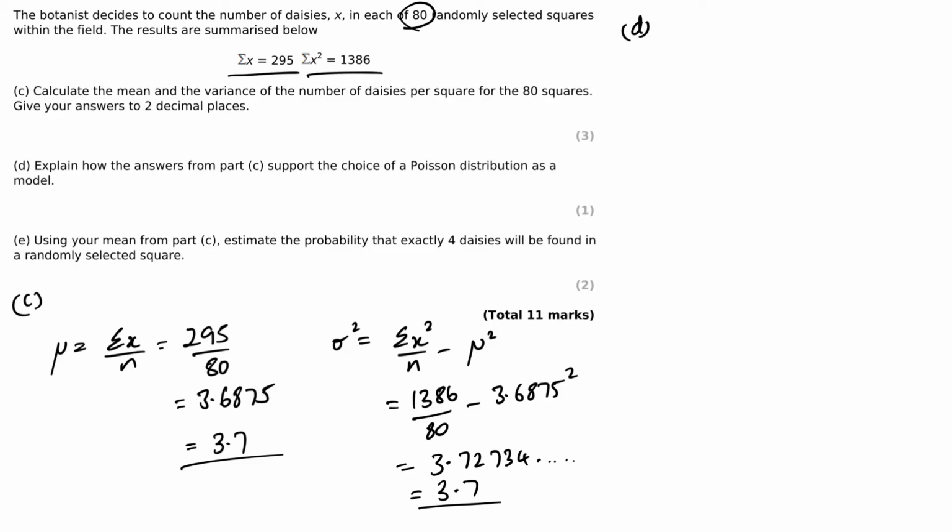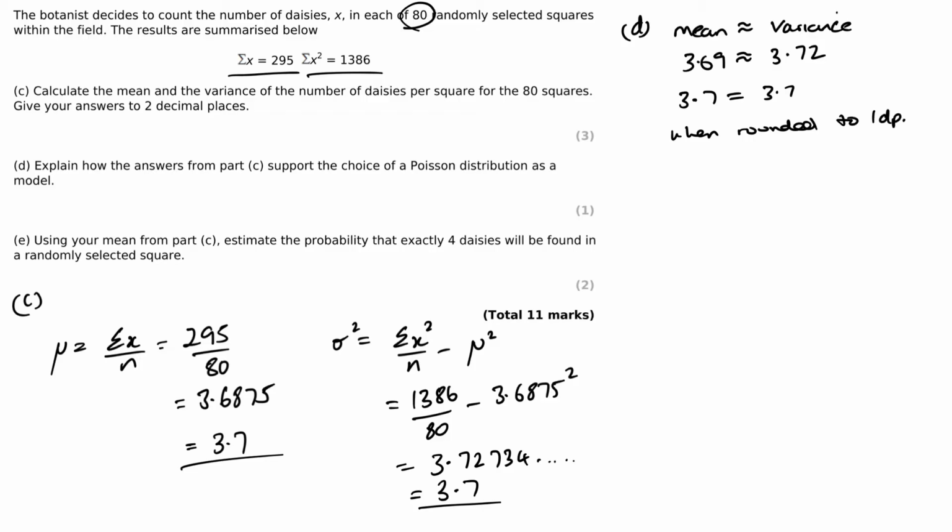Part D is explain. It's only worth 1 mark, but we can say that the mean is approximately equal to the variance. However you want to go about it, if you did it to 2 decimal places, you could say that 3.69 is approximately equal to 3.72, or you could say that 3.7 equals 3.7 when rounded to 1 decimal place.